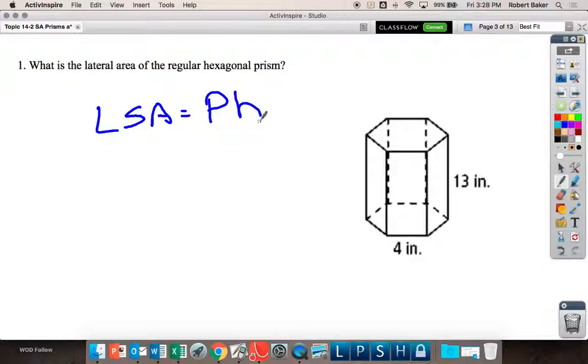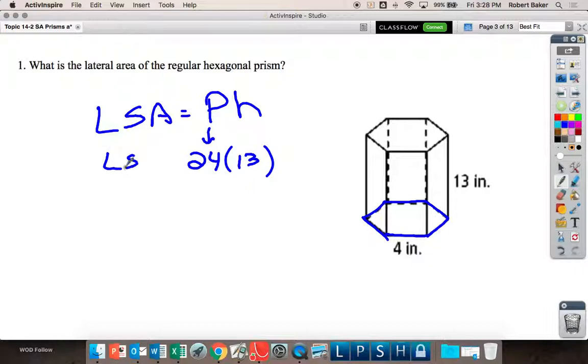So we need to find the perimeter of the base. 4, 8, 12, 16, 20, 24. What is the perimeter of the base? 24, times the height of the solid, 13.